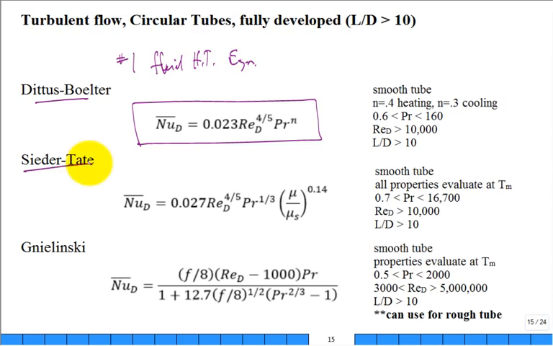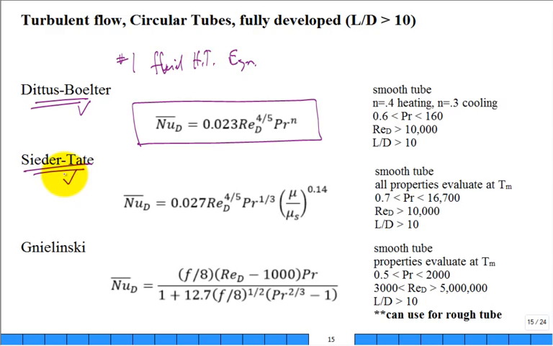As well as the Sieder-Tate. It's neck and neck. If you go and study for the FE exam, you pull out the little booklet, you're studying for the heat transfer section, both of these equations are in it. So we have a lot of turbulent flow in pipes, and we have a lot of heat transfer with those.